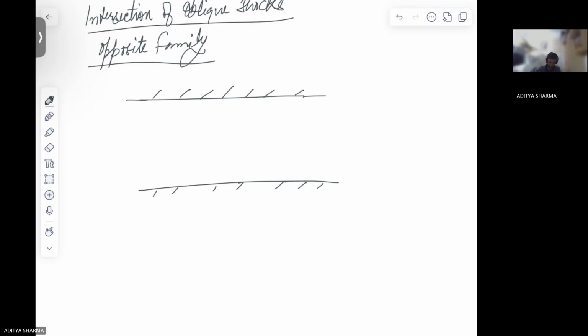So it will be like this. So your oblique shocks will intersect like this.